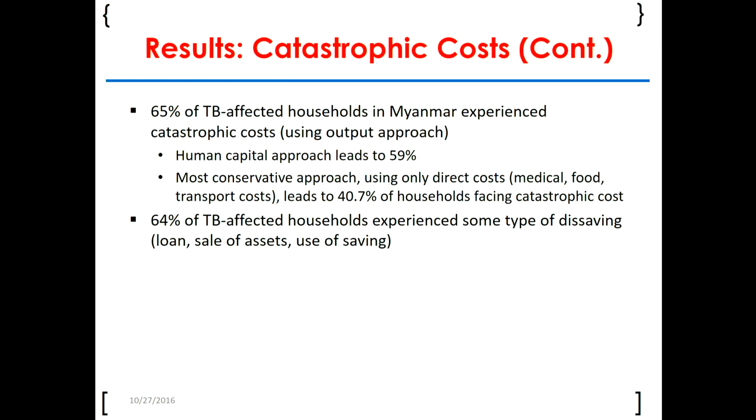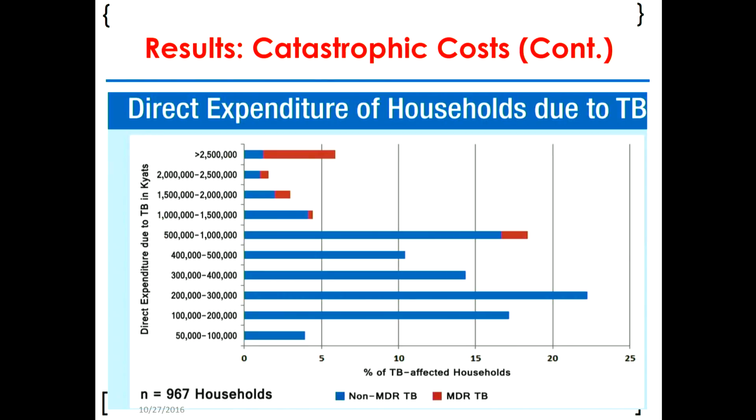And 64% of TB-affected households experienced some type of dissaving, such as loans, borrowing, selling assets, and use of savings.